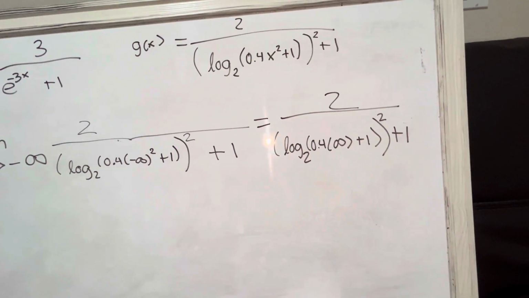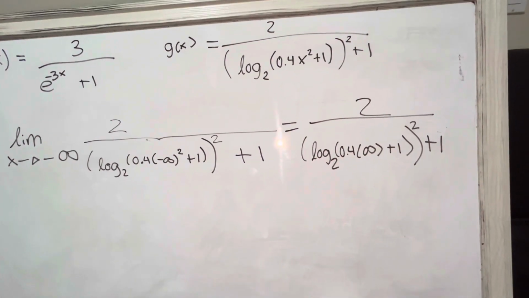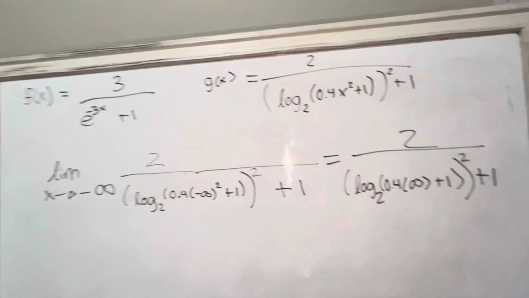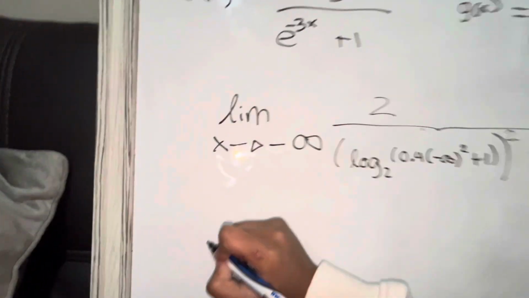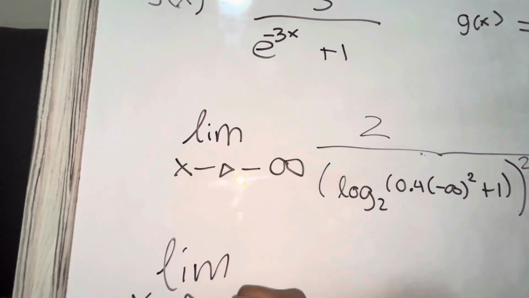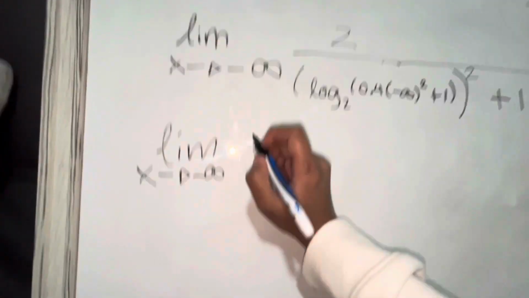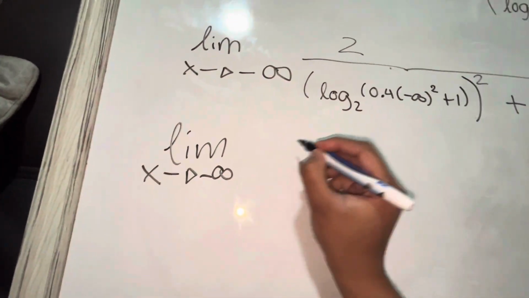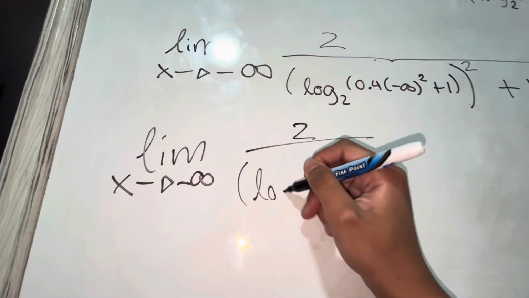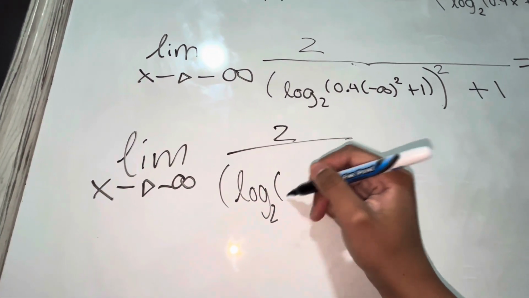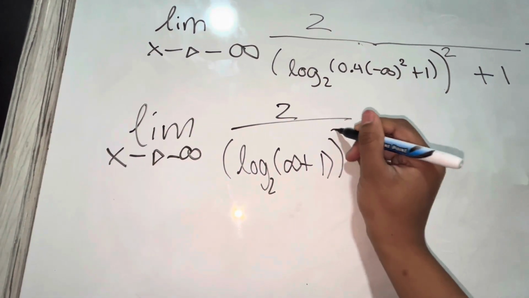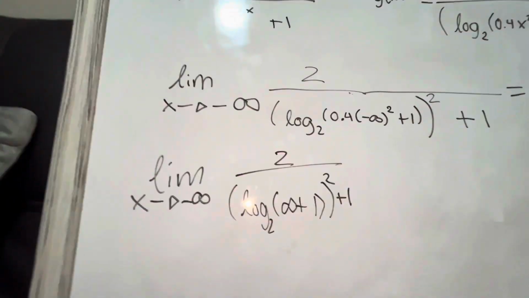And then eventually 0.4 times infinity is just infinity. So then you get 2, let's put the limit again. That way, because you always put your limits, okay? Even when you're done answering the problem. So it'd be 2 over log base 2 of infinity plus 1, squared plus 1. There you have it.